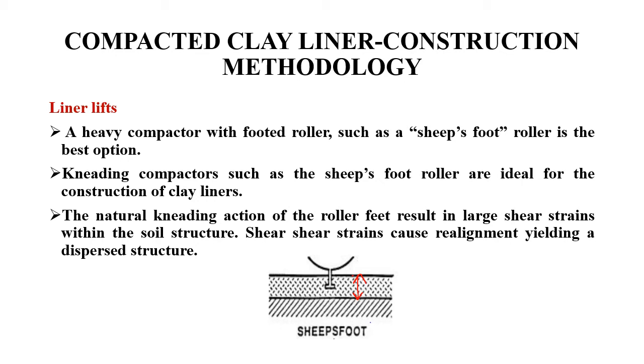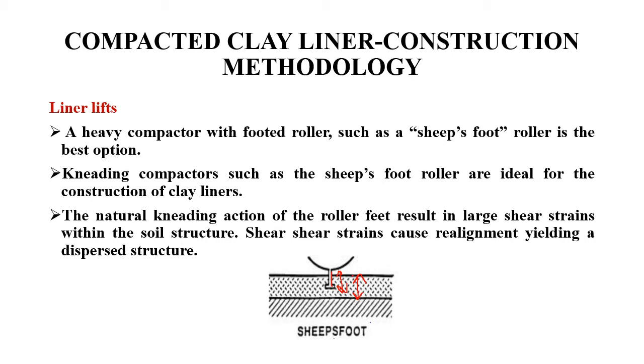This lift thickness is one thing you have to make sure of: it should not be greater than the length of the sheep's foot roller. This much is the length of the sheep's foot roller. If the liner thickness is greater than that, your sheep's foot roller will not be able to effectively reach all parts of the soil and compact it.